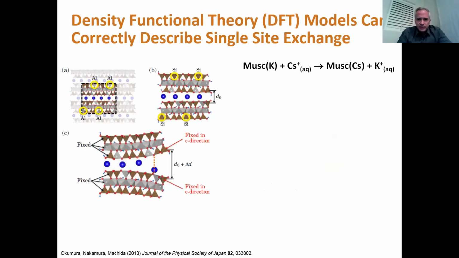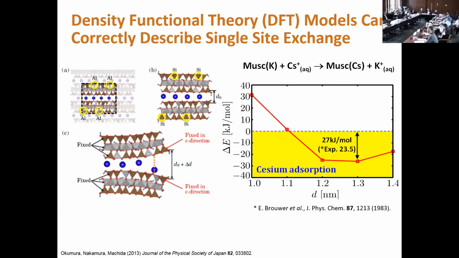We first showed that we can put cesium into this model clay mineral, similar to those in the Fukushima soil, in a computer and see the same phenomenology. And that is that cesium will preferentially replace potassium at edge sites that are open to a certain distance, frayed edge sites.